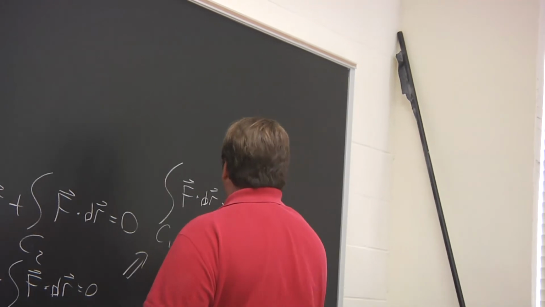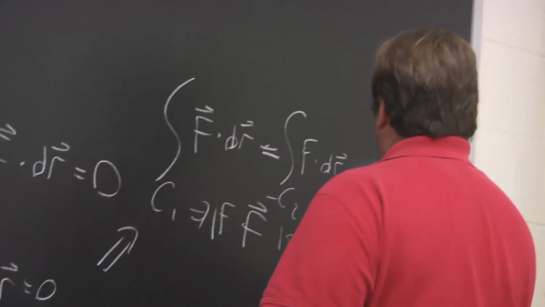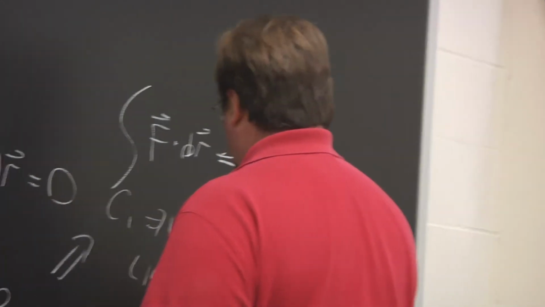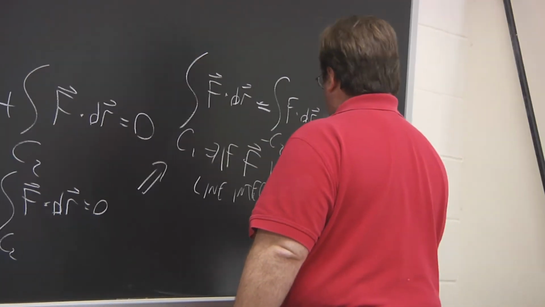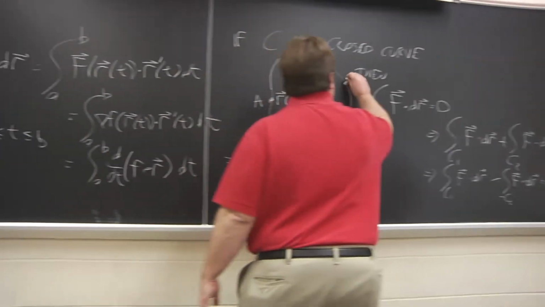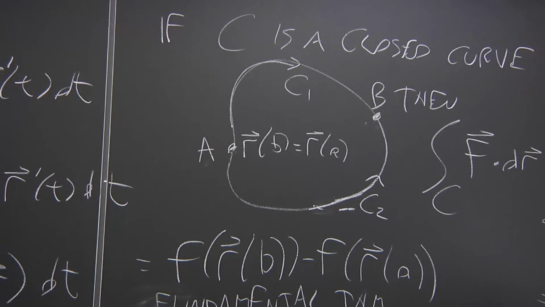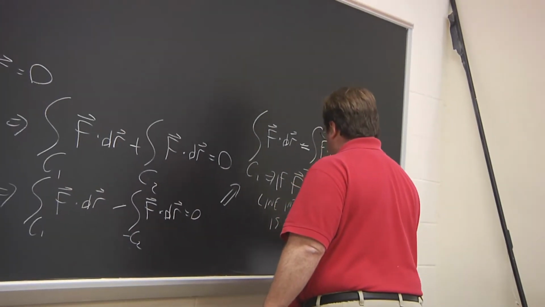This is very important: the whole time we're assuming that F is conservative. And the line integral from this point capital A to this point capital B is path independent.